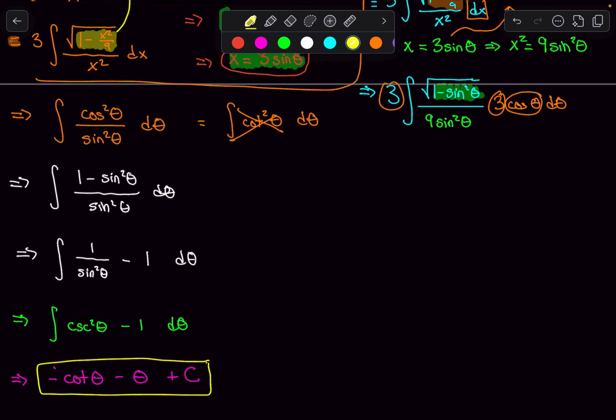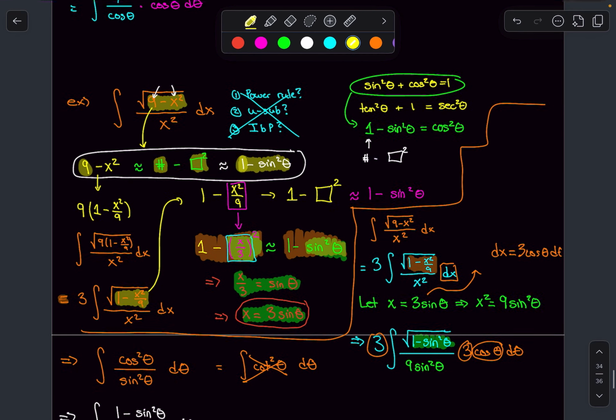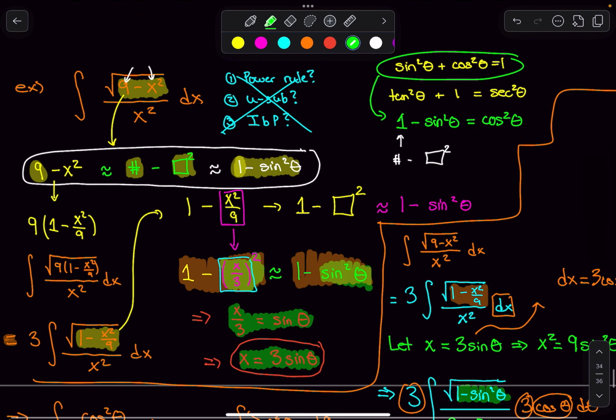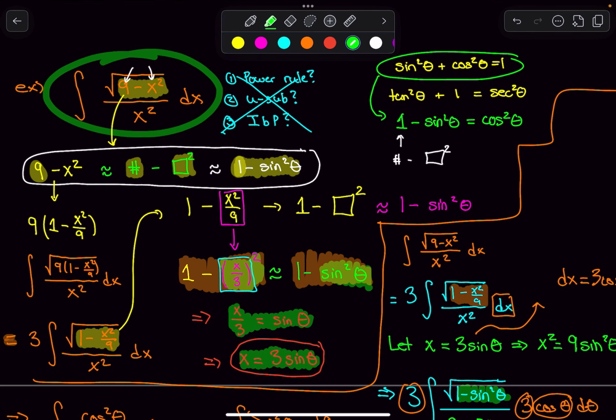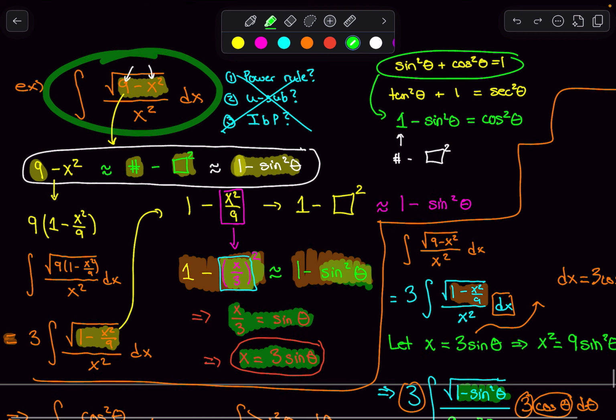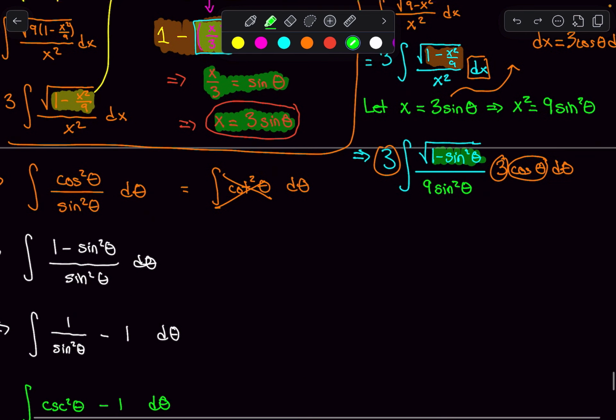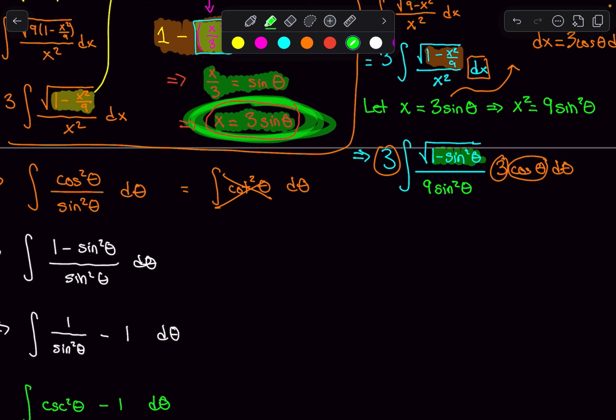So just as a recap of where we started and where we came from, we started off with this crazy looking integral. We said, okay, look, none of our techniques work, but I notice I have a number minus something squared, so let's fudge around with it a little bit. We fudged around with it, and we got to the point where we decided to make the educated substitution x is equal to 3 sine theta.